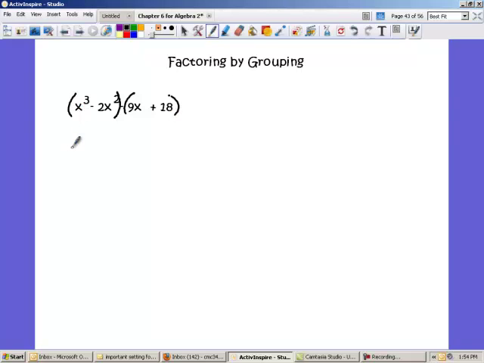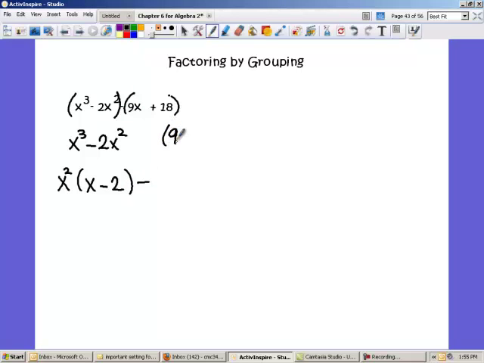So if we take x to the 3rd minus 2x squared, and we factor that, I know that they both share an x squared. And what would be left over is x minus 2. All right, now the next one we have, and we want to put this negative sign down here.